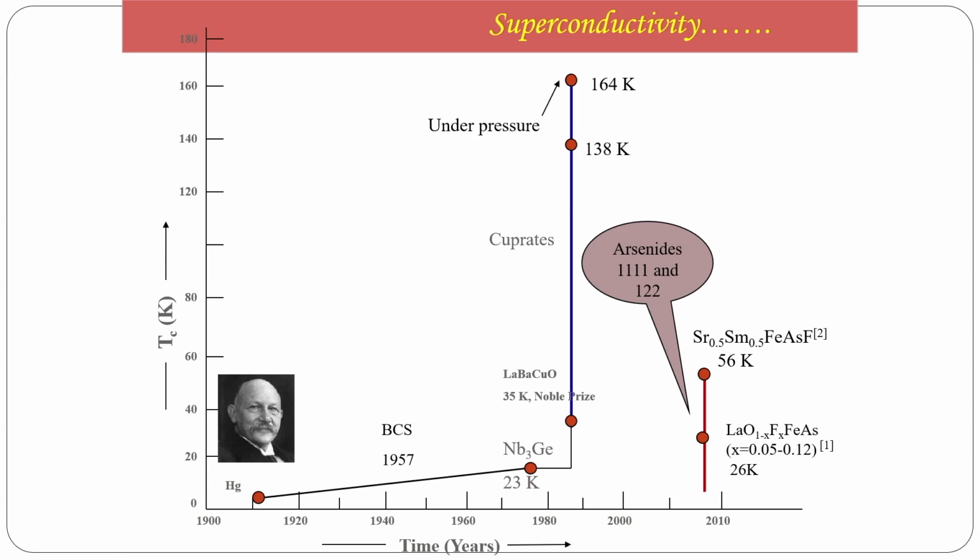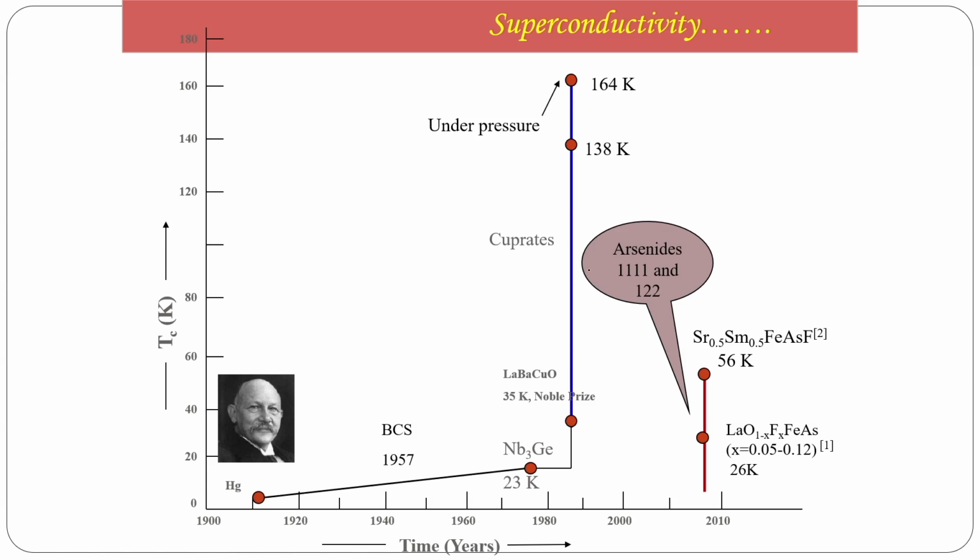To tell you a bit of the discovery of superconductivity, it started in 1908 with about 4.2 Kelvin, then by about 1977 it is about 23 Kelvin. In 1986 there was a sudden surge and it went up to 164, even close to 170 Kelvin under pressure.